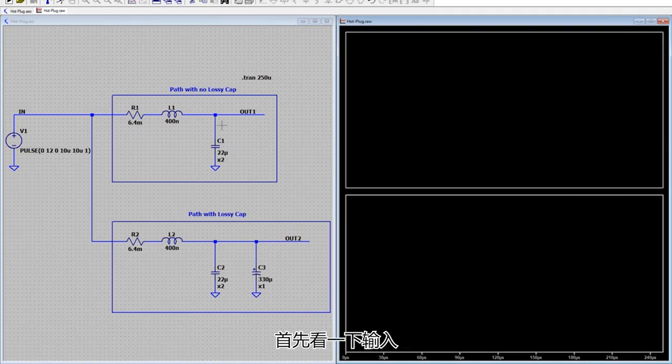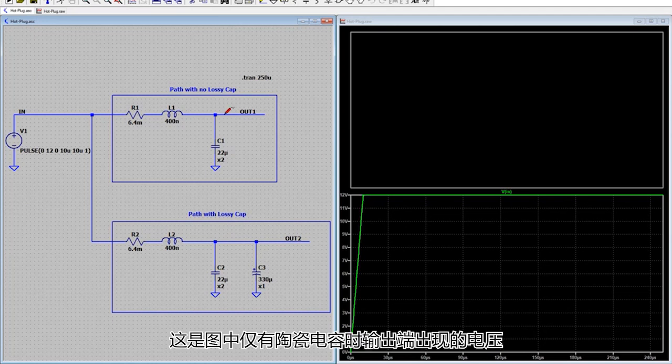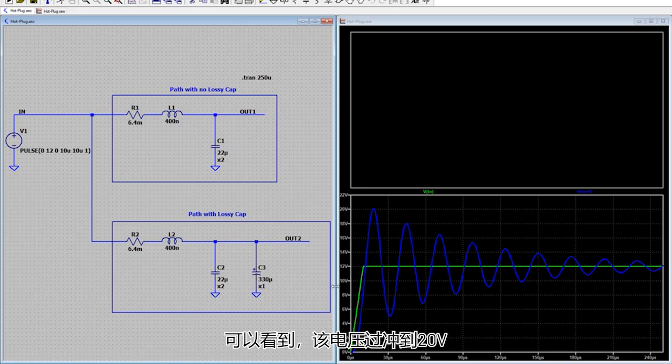So first, we're going to look at the input. So here's our input rising from 0 to 12 volts in 10 microseconds. Here's the voltage that'll appear on the output with just the ceramic cap in the picture. And as we can see, this voltage overshoots up to 20 volts.